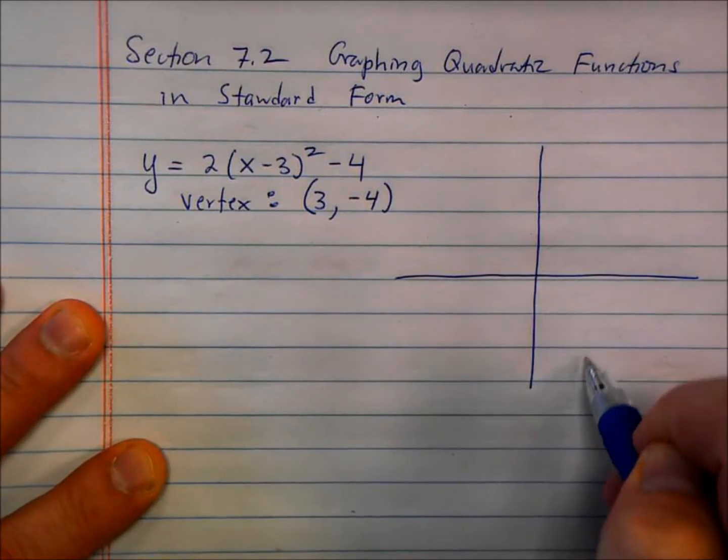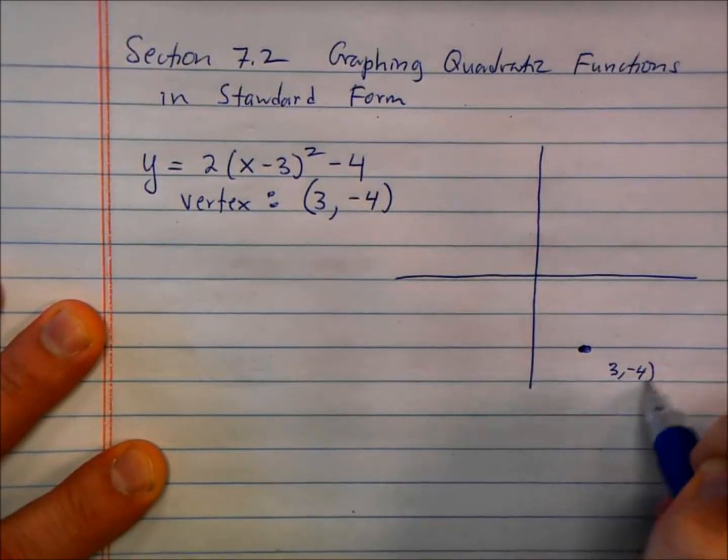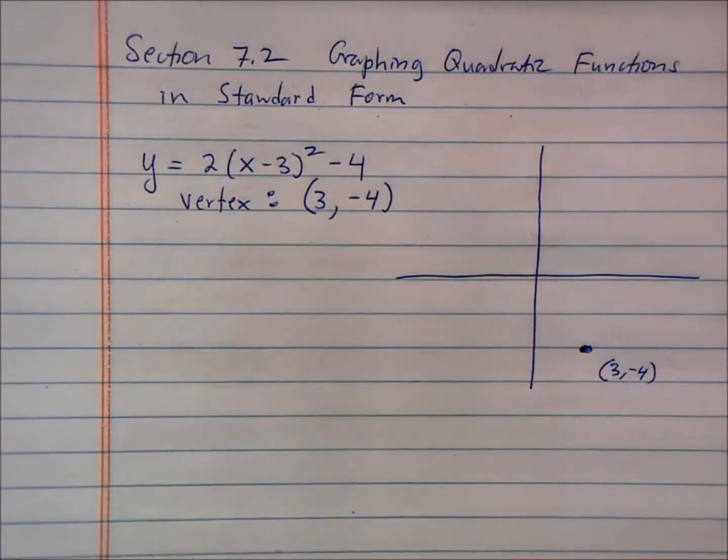So we got 3 to the right, 4 down. What do you mean we don't square it? That's just to get the vertex. That's correct. Now we're going to build a little table, and as we build a little table and plug numbers in, yes, we're going to have to do the squaring.